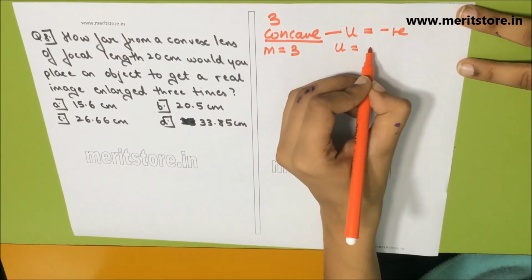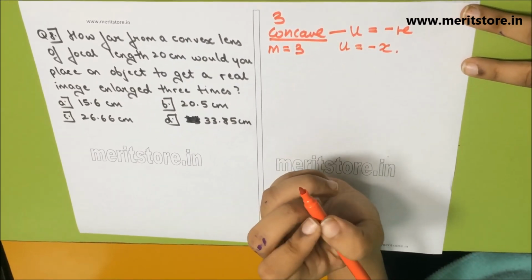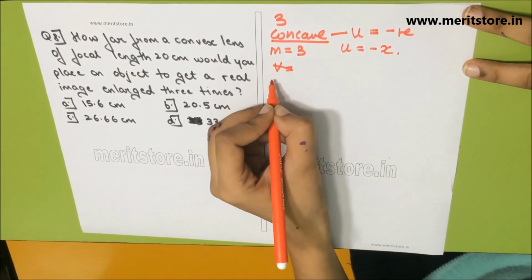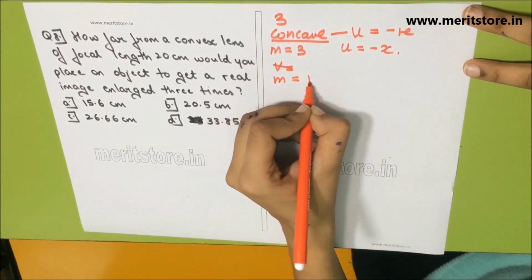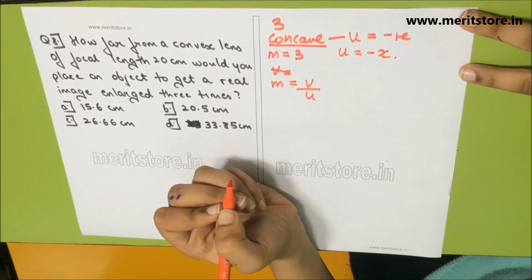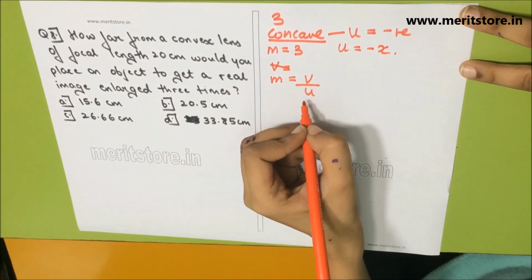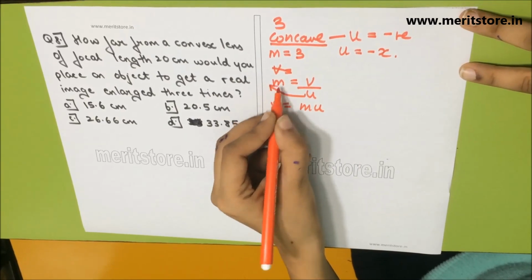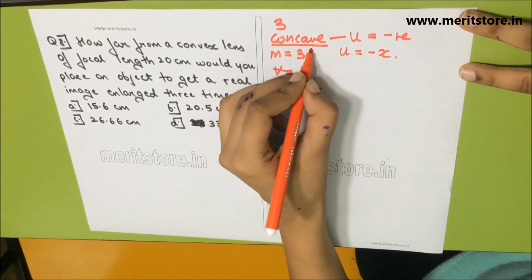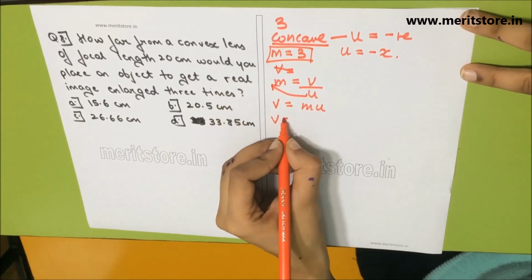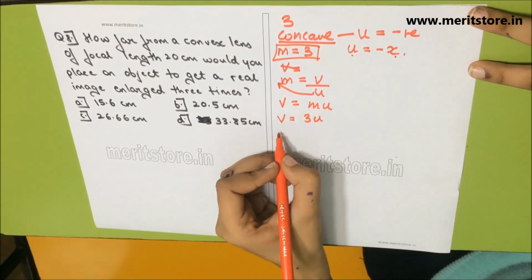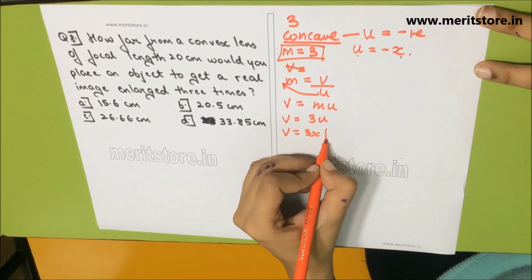Considering U as negative X, we have M is equal to V by U. Correct. So over here, we'll have V is equal to MU. You just multiply this over here. We have M as 3. Therefore, V will be 3 times U. U is X. Therefore, V is equal to 3X.